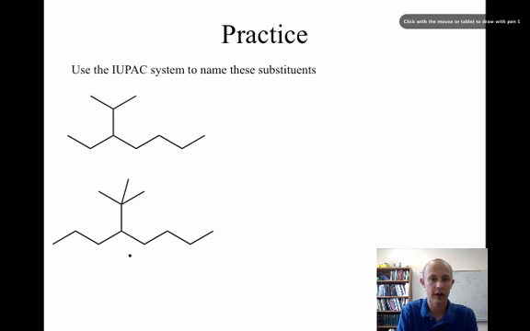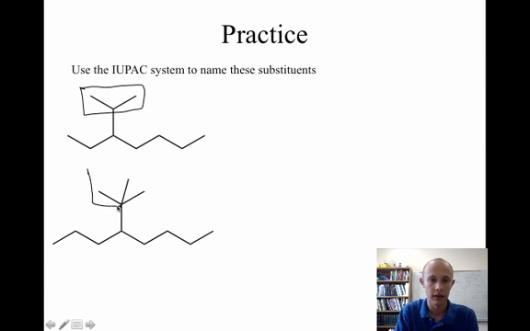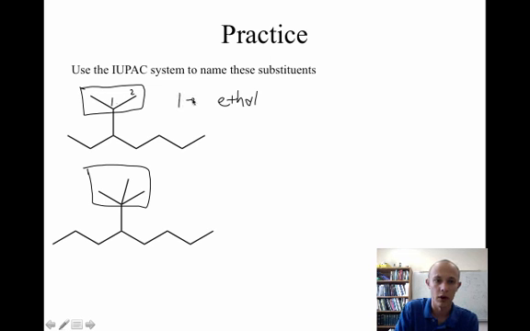So if we're going to just look at naming complex substituents, we're going to look at these two. Again, what you want to do is find the longest chain of the substituent itself, which is 1, 2. So this is an ethyl group. And we have a methyl group branching off on the first carbon, so there's a 1-methyl ethyl group, which is on a 1, 2, 3, 4, 5, 6, 7 heptane.